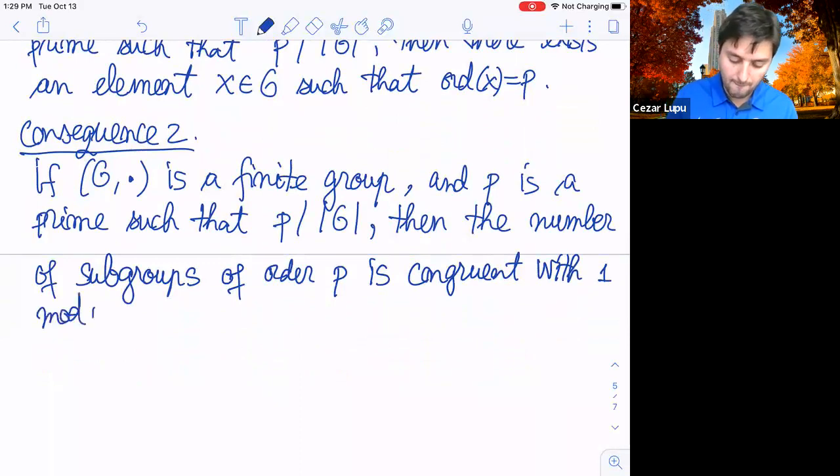It's important to have a finite number of elements in that group, because this holds true only for finite groups. For infinite groups, it doesn't hold true.